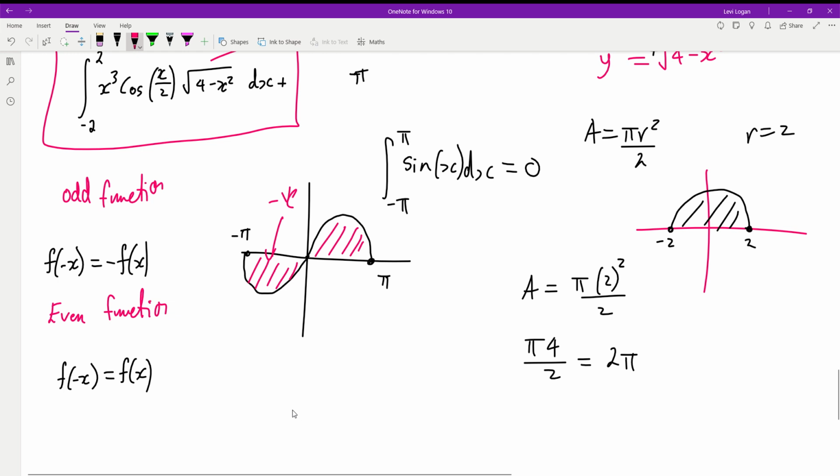Because if you were to work it out, from negative pi to 0 of sine x, if you integrate sine x, you're going to get negative cos x. Negative cos x.